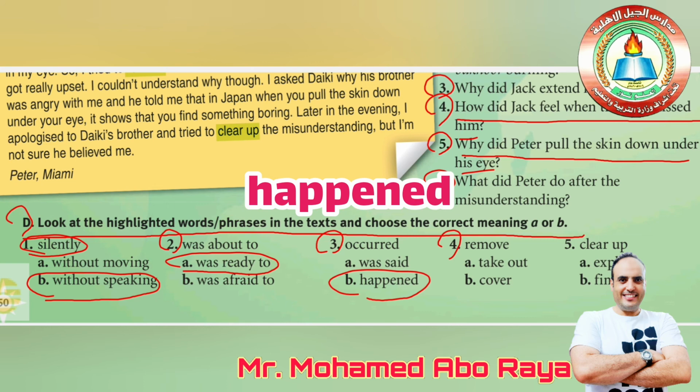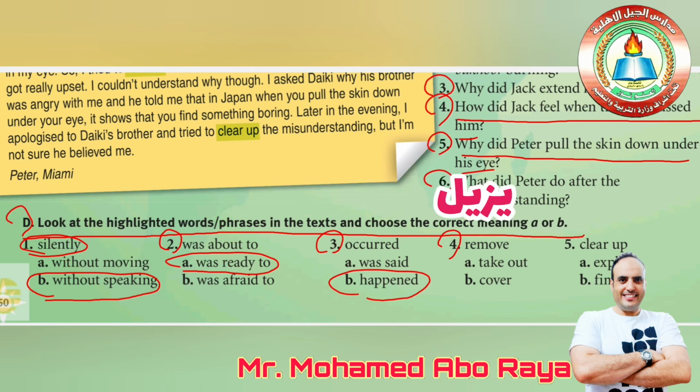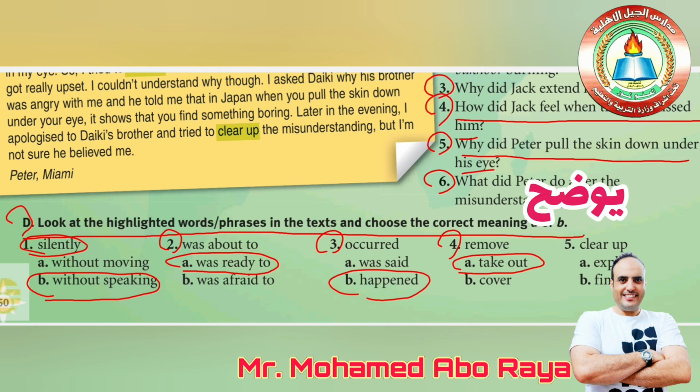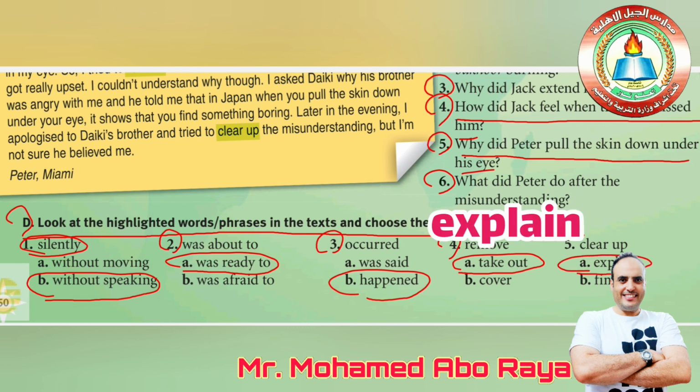Number 4. Remove. Remove means take out or cover. Yeah, the correct answer is A. Take out means remove. Number 5. Clear up. Clear up means explain or find out. Clear up means, yes, explain.